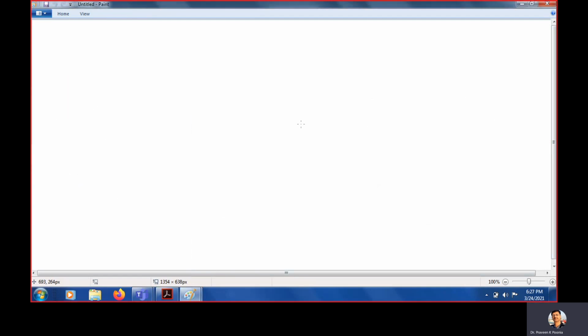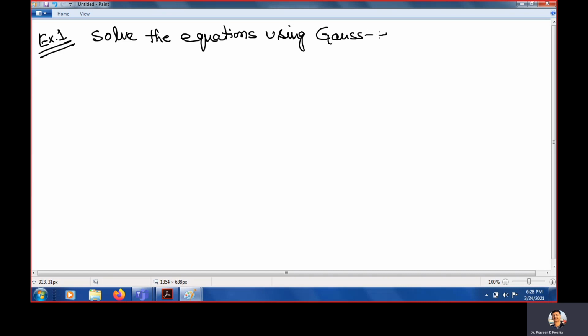Okay, so this procedure we will make clear with one example here. We'll take only one example because in the next method we will solve two questions, because the next method is an extension of this method. So we will solve only one question here. Solve the equations using Gauss elimination method.